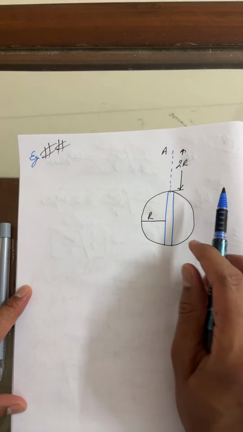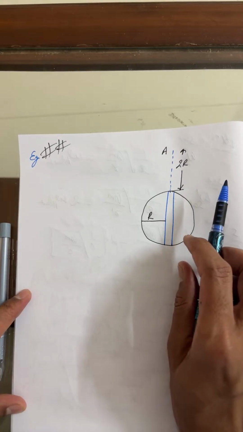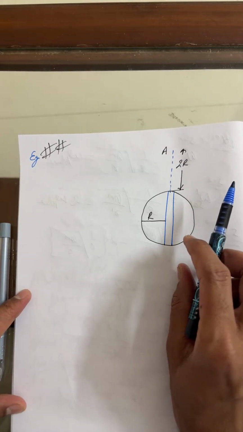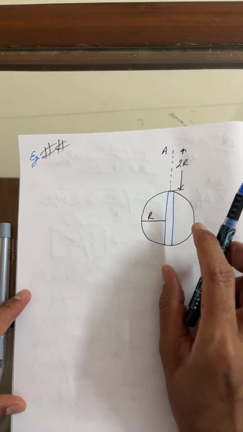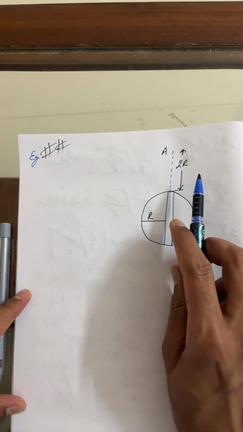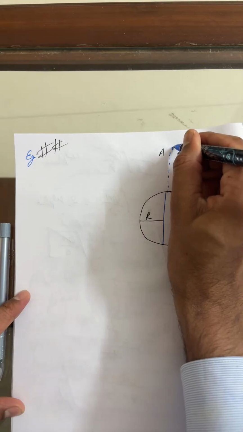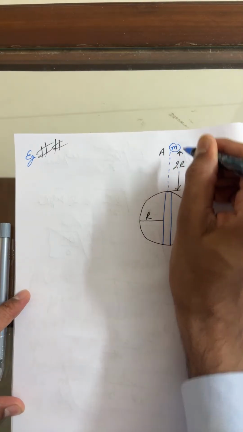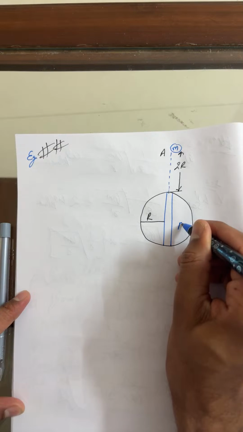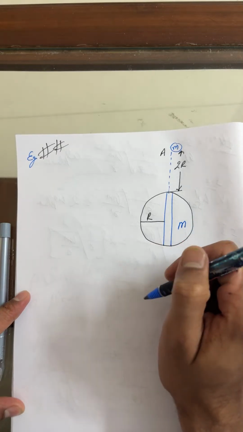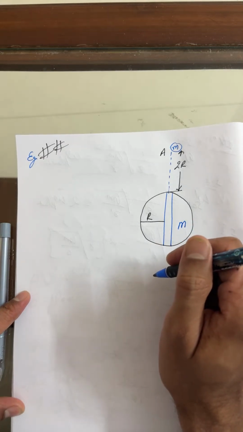A particle of mass m, with Earth mass capital M, is released from point A at a distance 2R from Earth's surface, as shown in the figure.